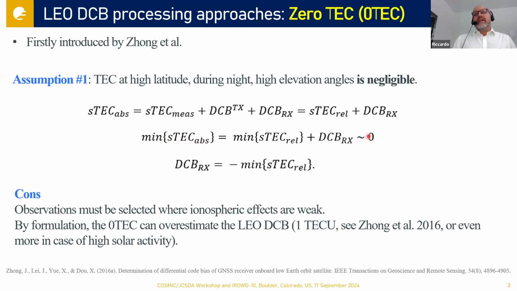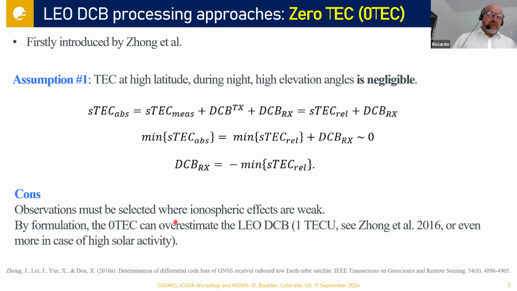This provides us a direct way to compute the receiver DCB, which is minus the minimum of the relative slant TEC, which is basically the measured slant TEC already compensated for the transmitter DCB. The only con of this approach is that observations should be taken where the ionospheric effects are weak.